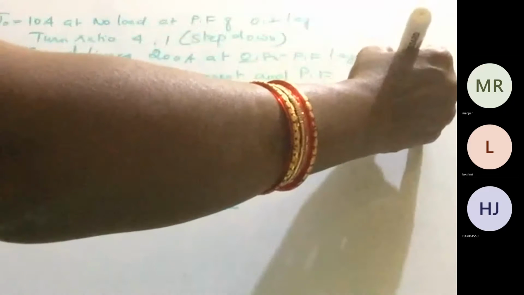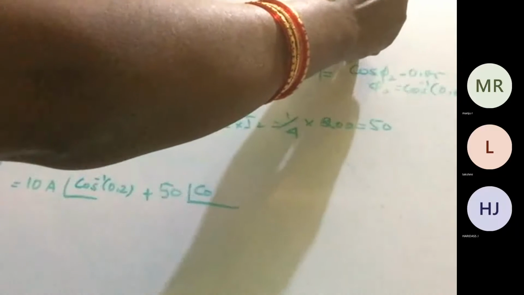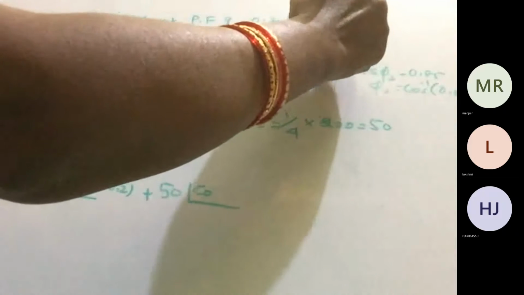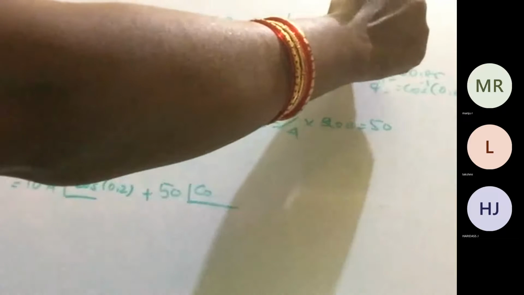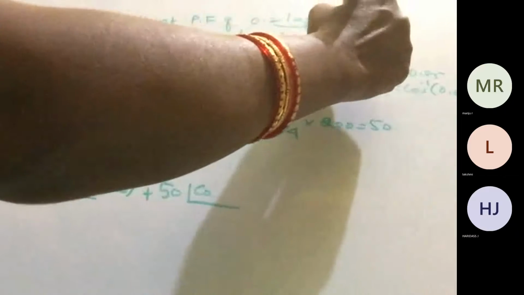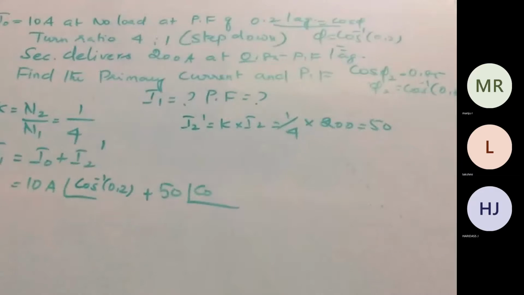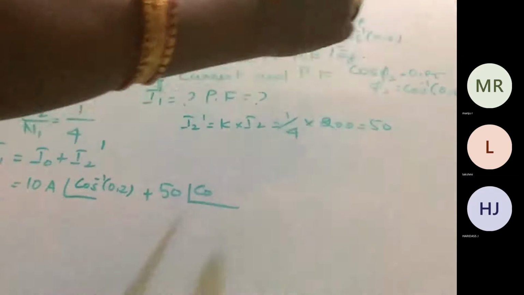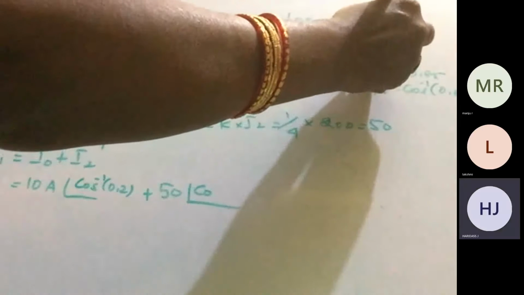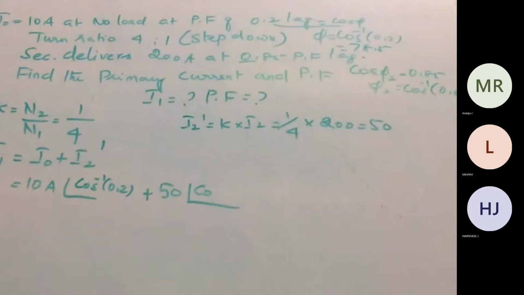So phi 2 equal to cos inverse 0.85. Similarly, cos phi is equal to 0.2, so phi is equal to cos inverse 0.2. The value of cos inverse 0.2 is 78.5. Very good.